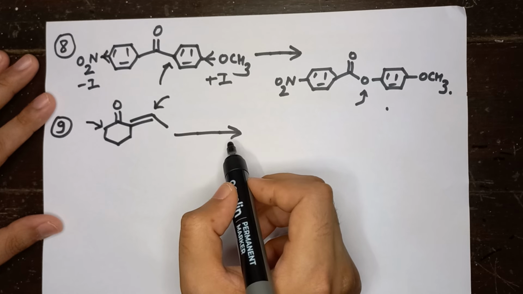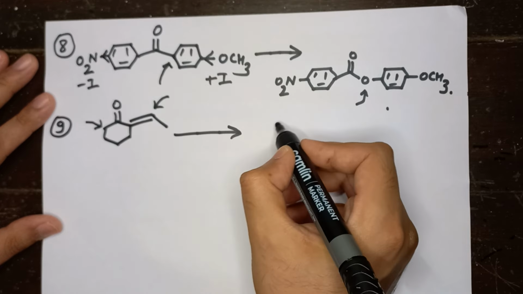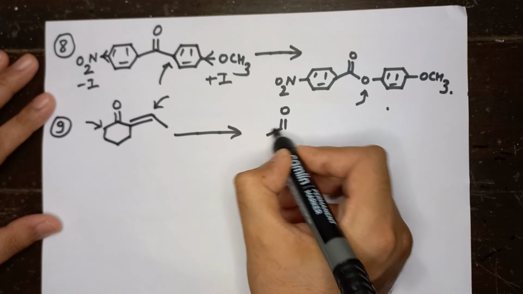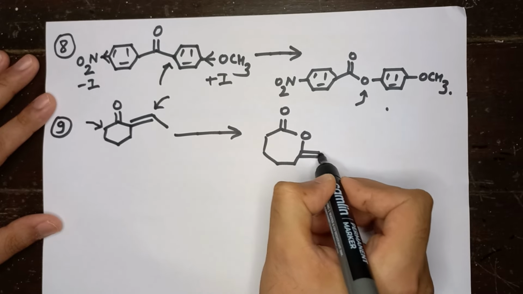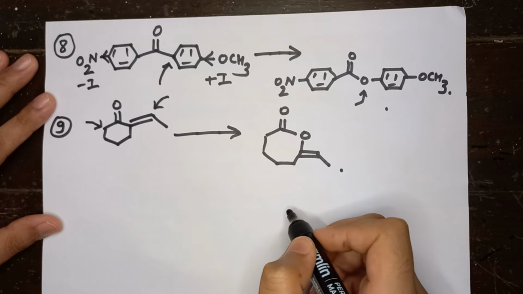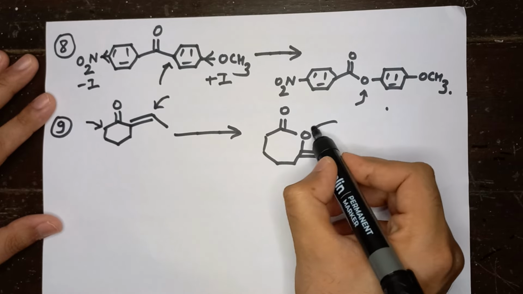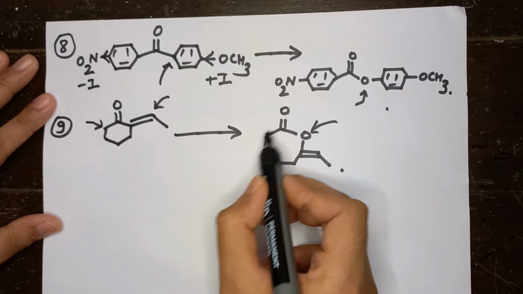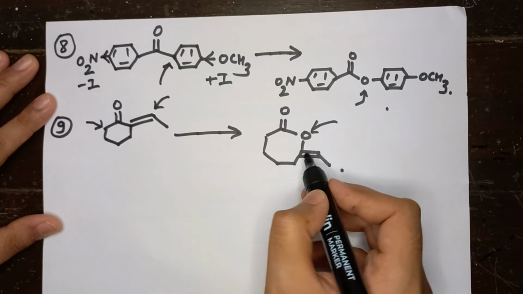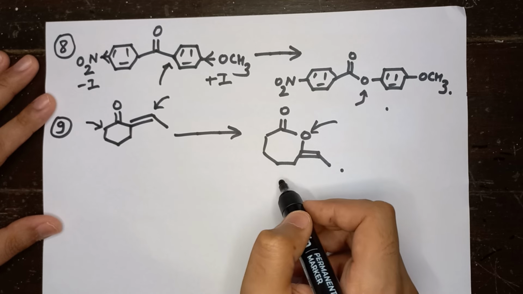So that's why the oxygen will be inserted from the site where the alkene is present. And you got the product. So I inserted my oxygen at the alkene site, not at the saturated alkane site, because the alkene will have more electron density.